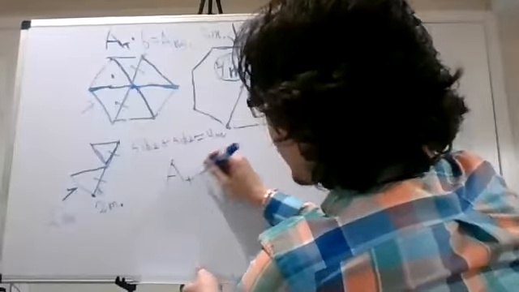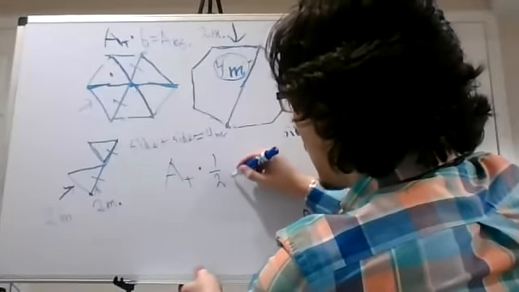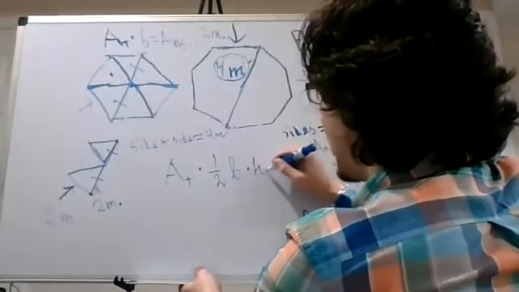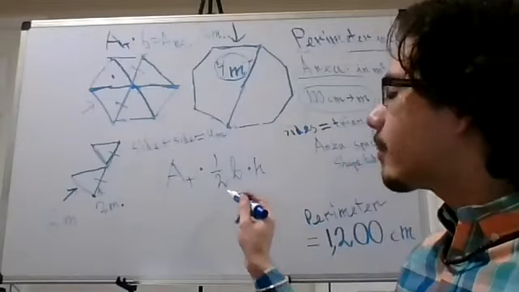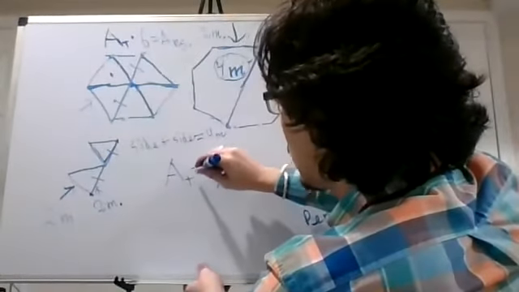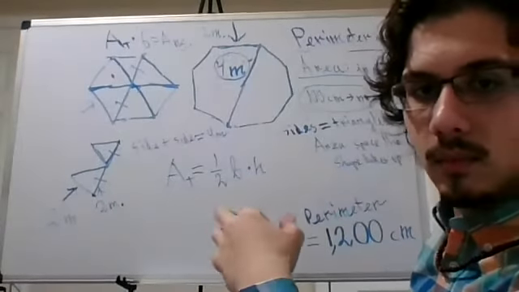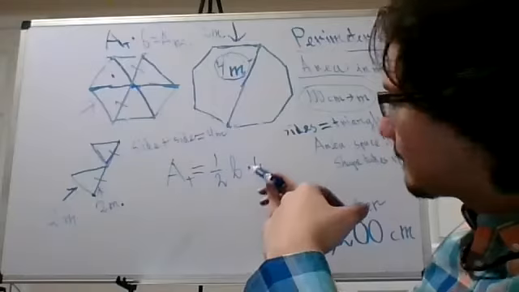The area of a triangle is 1/2 base times height. Are all of you familiar with this equation? Yes, sir. Okay.